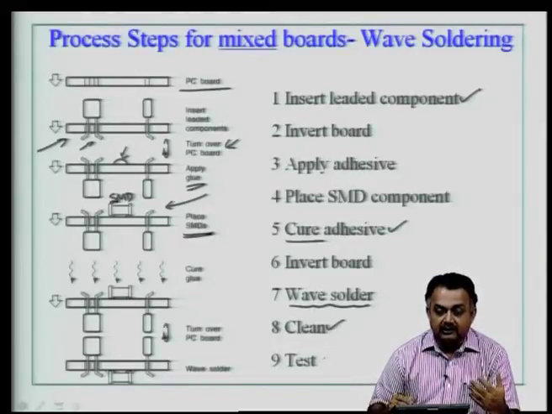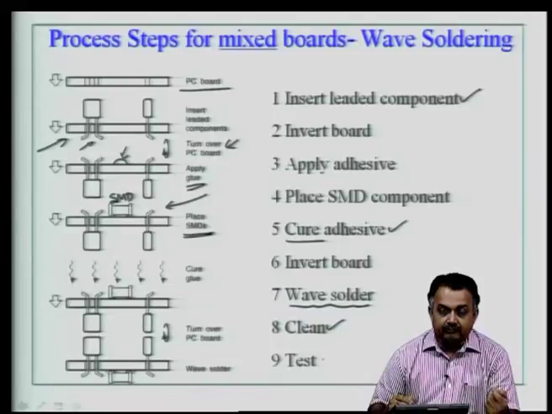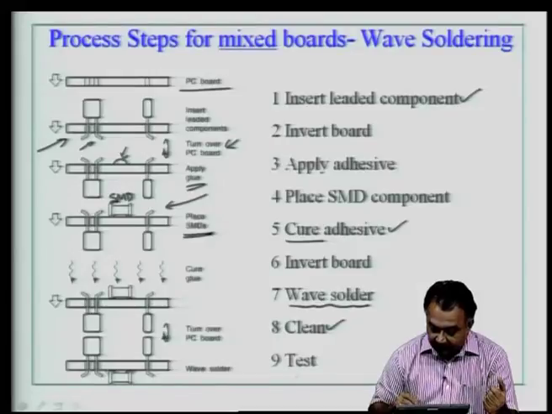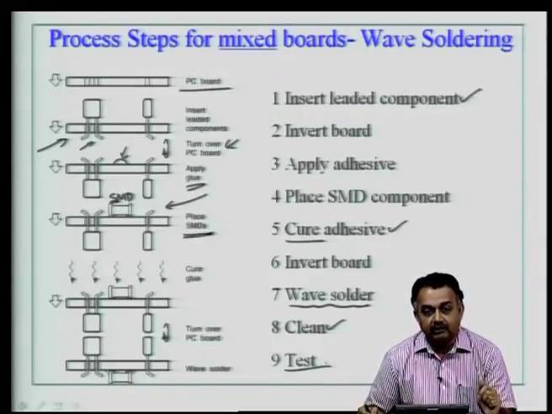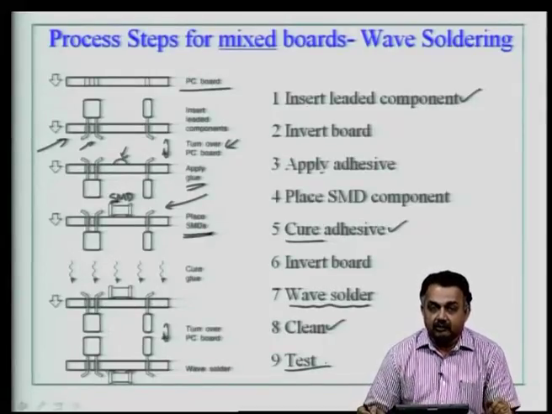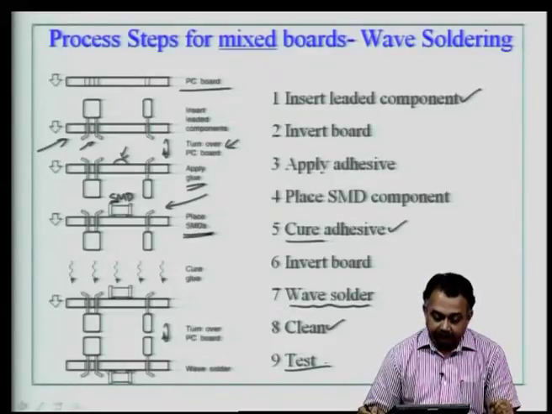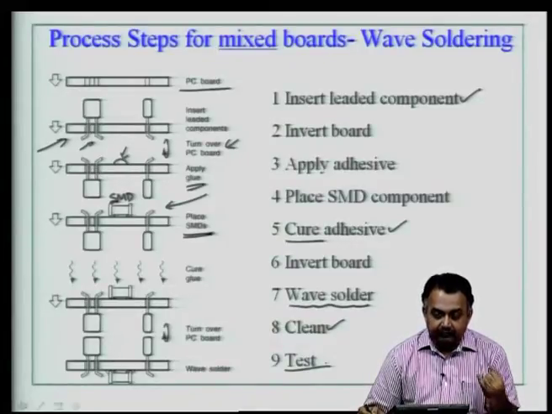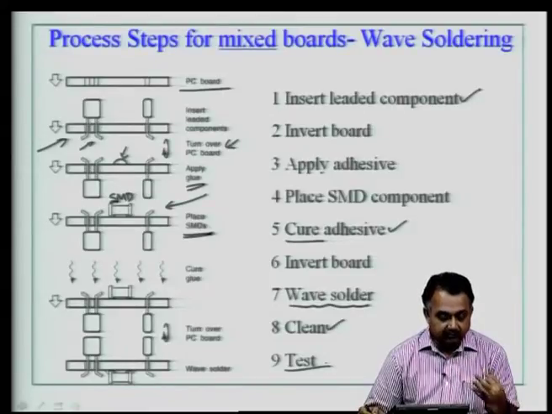The basic idea is to remove the oxides and other foreign particles that could have attached themselves to the board during the wave soldering process. Then you do an electrical test for shorts and opens, and then you qualify the assembled board. So, this is a typical process flow for wave soldering using mixed board designs. So, we have seen how to assemble a board using wave soldering for through hole, for surface mount devices and for mixed boards.